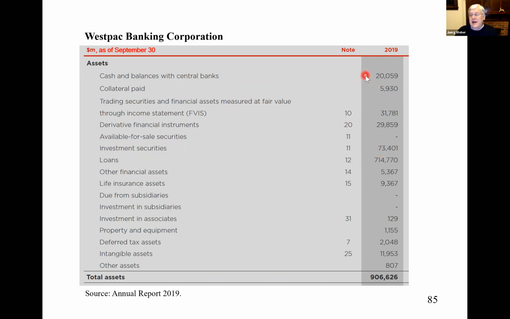So the cash items are very small, and all the other items are also quite small. You see here, for example, we have property and equipment. So that's the bank building, and that's the car of the director of the bank. That's property and equipment. Very small item. It's actually an asset of the bank. It's here $1 billion.